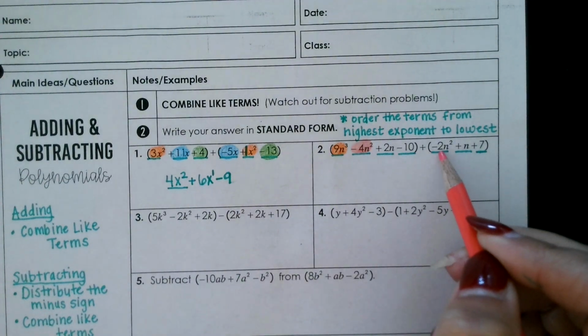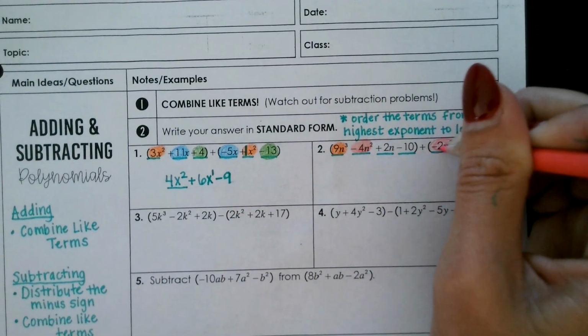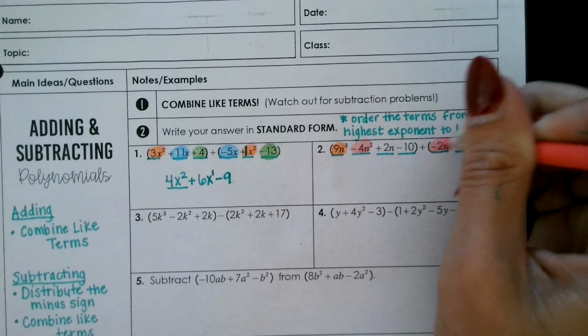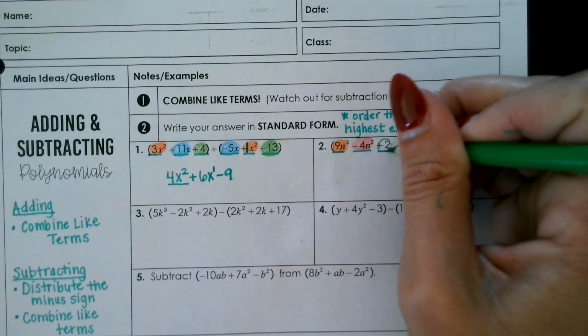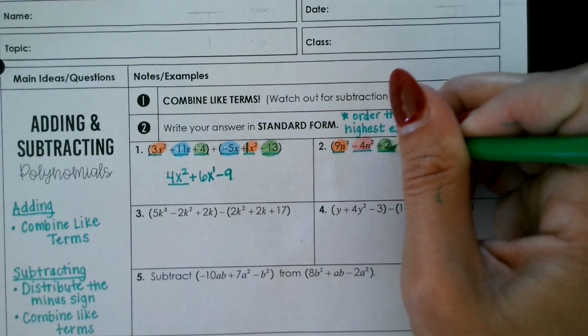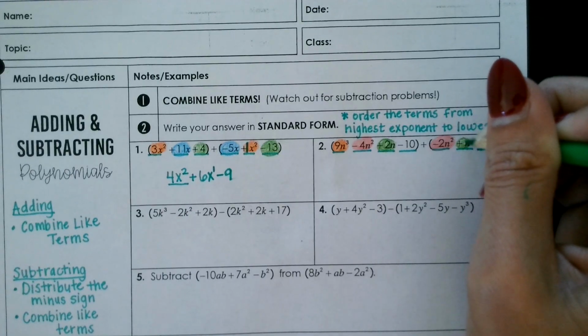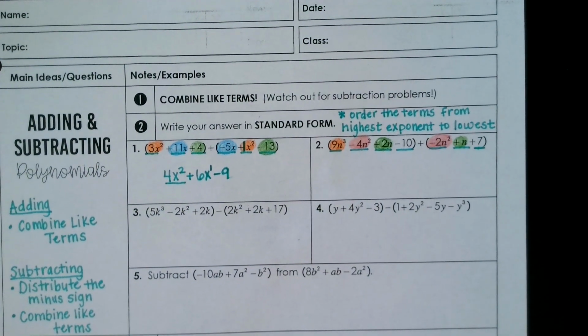Over here, a negative 2n squared looks like another one. Then we've got some n to the first powers, technically, even though they don't write the n, the power of 1 is invisible. We've got the 2n, and we can combine it with another 1n over here. The coefficient is invisible, but it's there.